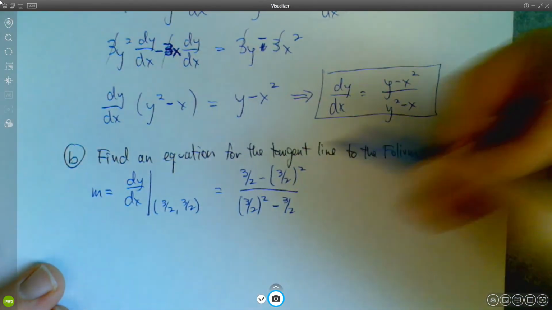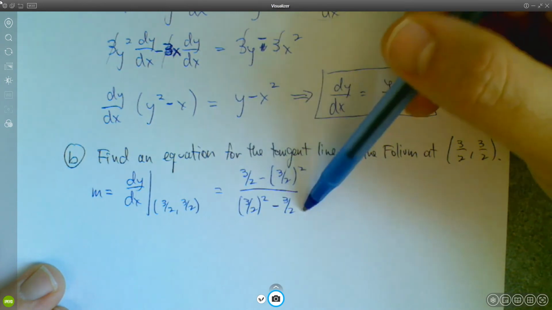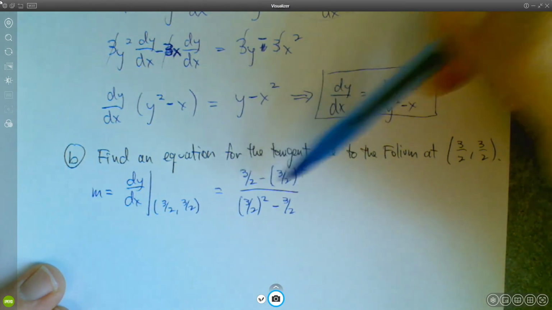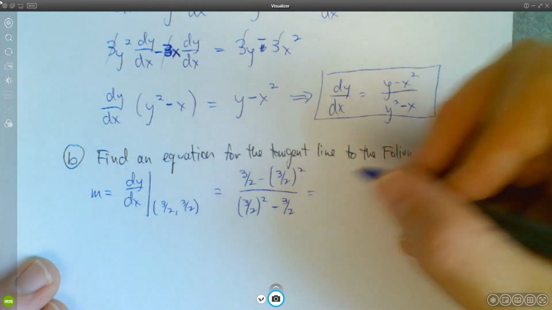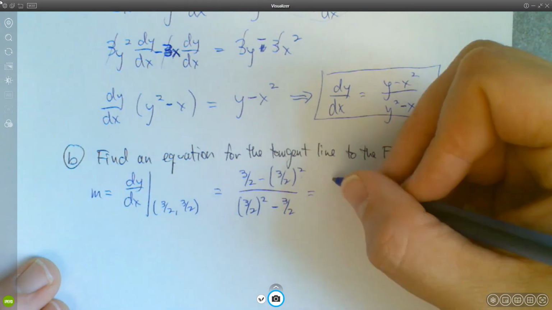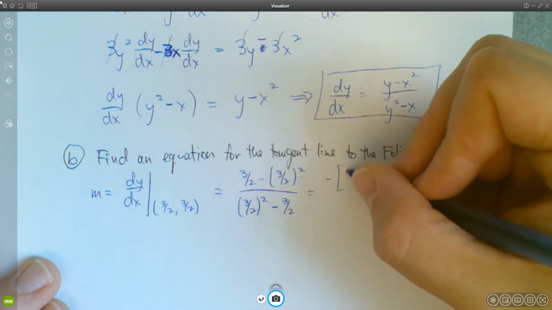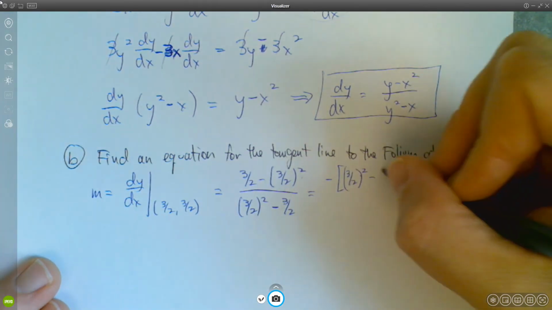Ooh, that's just negative 1, isn't it? I mean, the numerator and denominator are identical, except that the order of subtraction has been switched around. So if you wanted to justify it in just one more step, you could say this is negative (3 halves squared minus 3 halves), right?